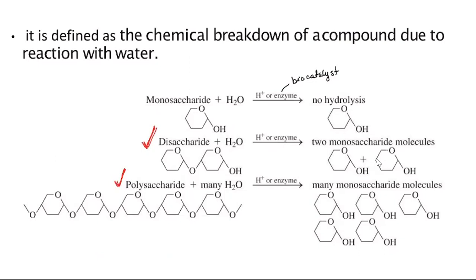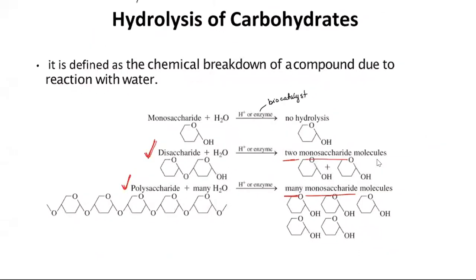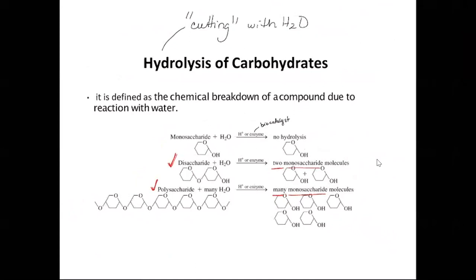If you have a disaccharide, upon hydrolysis you're going to make the two monosaccharides that made up that disaccharide. If you have a polysaccharide, you're going to make many monosaccharide molecules. So keep in mind that the only things that can undergo hydrolysis are disaccharides and polysaccharides. Monosaccharides do not undergo hydrolysis.